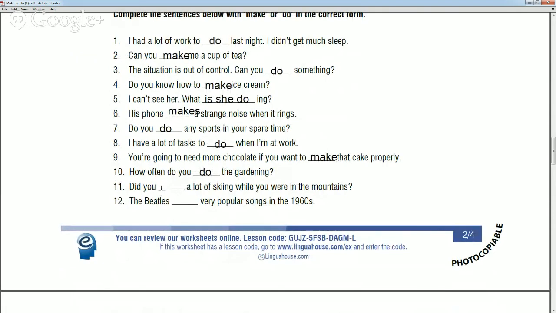Did you do a lot of skiing while you were in the mountains? No, I'm not a very avid skier. How about you? Did you do a lot of skiing last winter? I haven't. How about you, Ake?